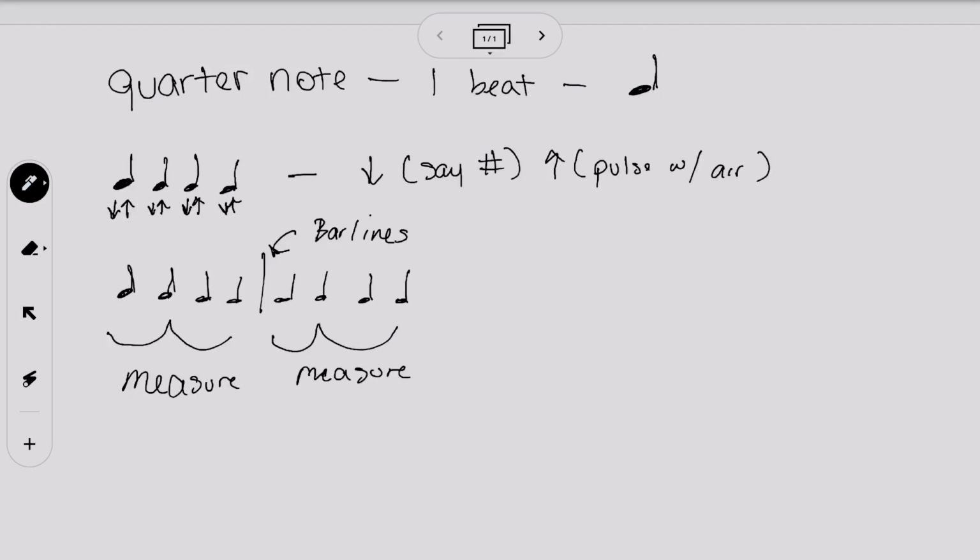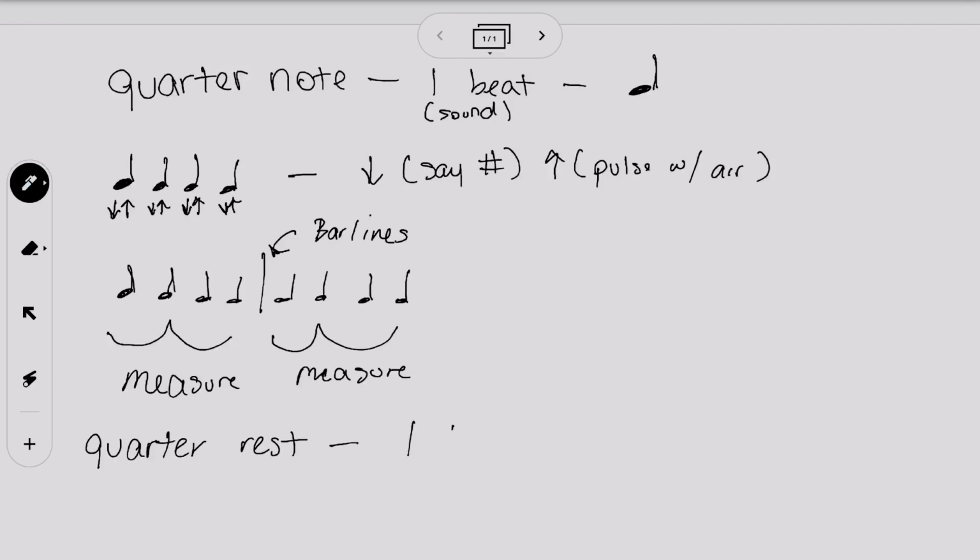Now, we also learned that a quarter note is 1 beat of sound. So with a quarter note being sound, we have something that's worth silence. We learned about a quarter rest.